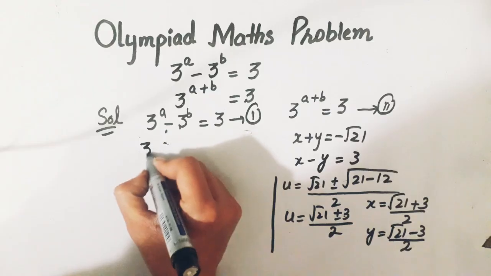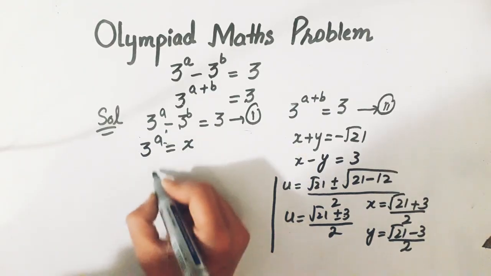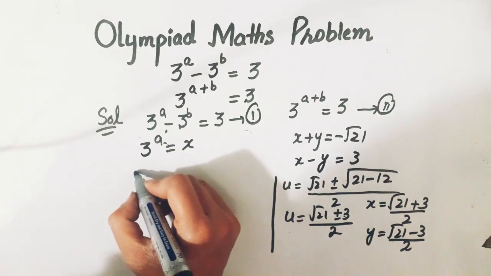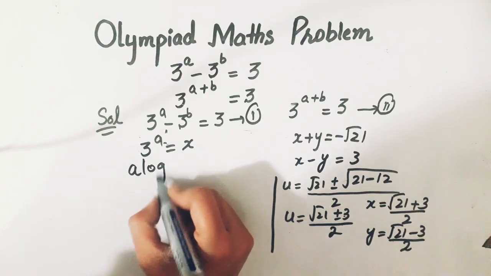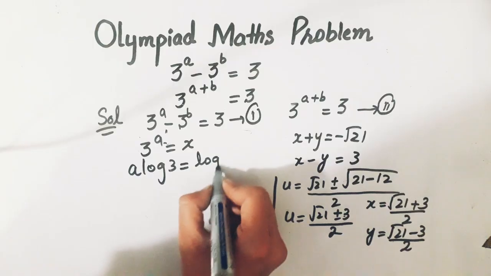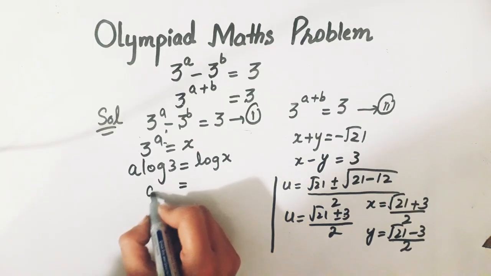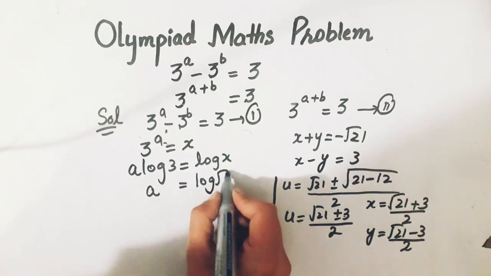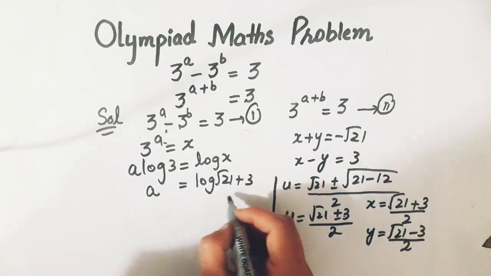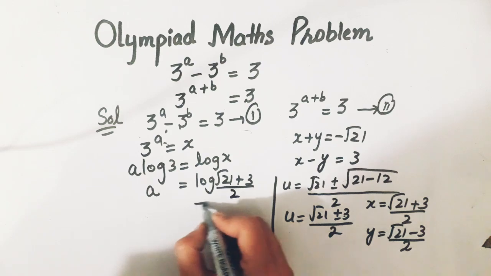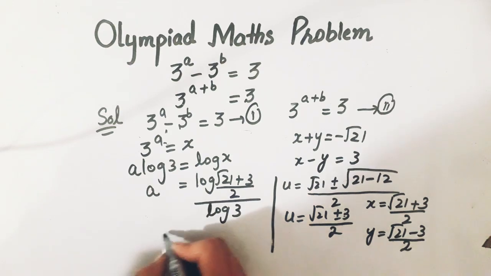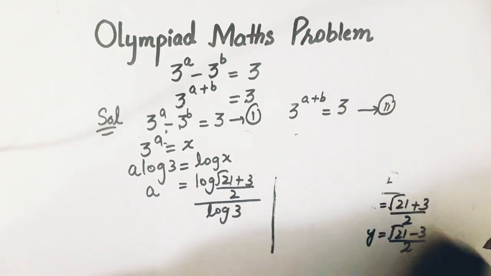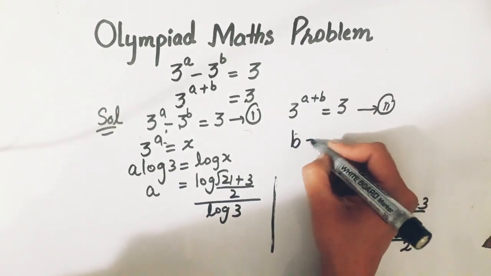You get 3 raised to power a equals x, so you have to find the value of a. So a log of 3 equals log of x. Then a equals log of (root 21 plus 3 divided by 2), divided by log of 3. This is the value of a. And now how to find the value of b?